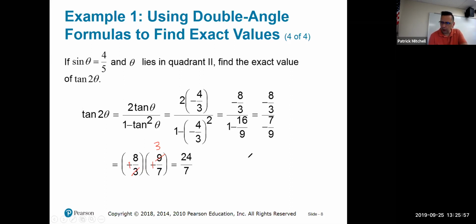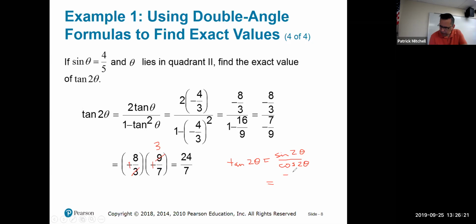Now there is an easier way to do that. Since the previous 2 examples were finding the sine of 2 theta and the cosine of 2 theta, why wouldn't you just go ahead and use those and use your quotient identity? So let me think.